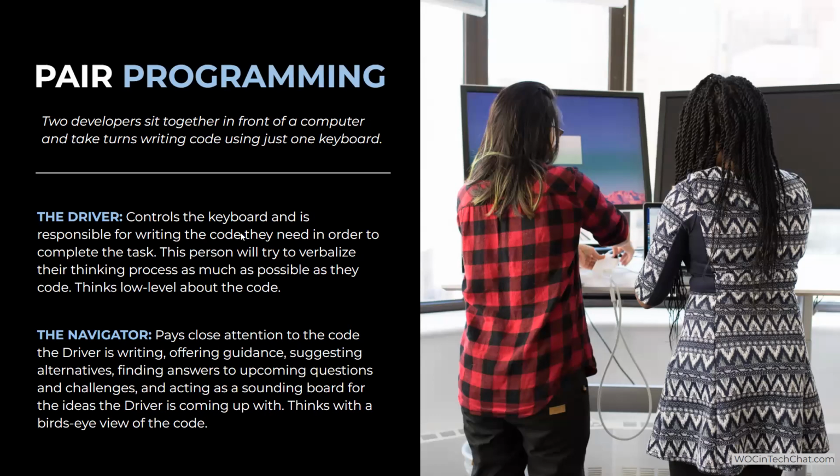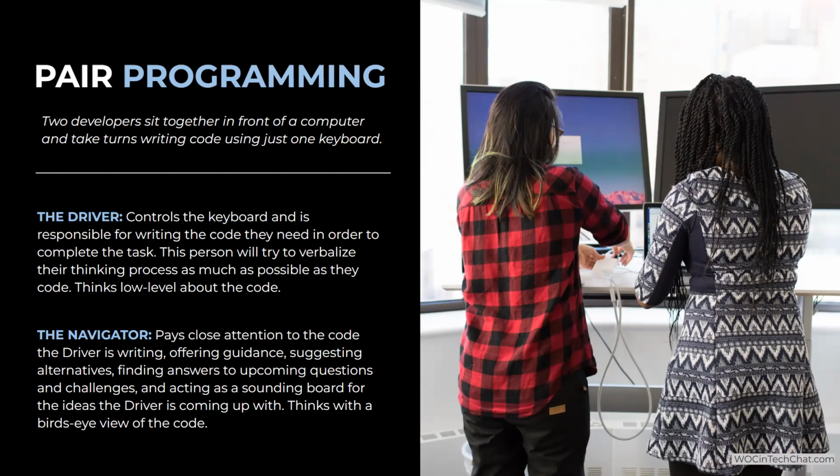Pair programming can be implemented in many ways. One of the very popular ways is the driver and navigator way. You can imagine you are going somewhere and you are driving the car, and the person sitting next to you is navigating, giving you directions on where to go.